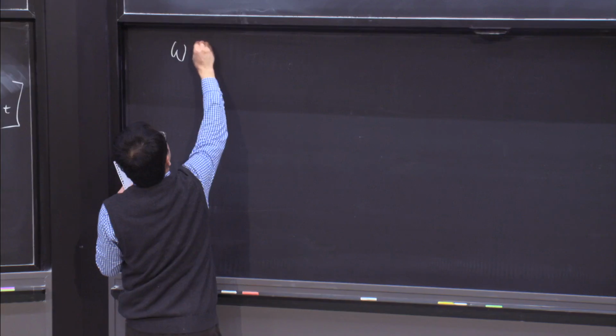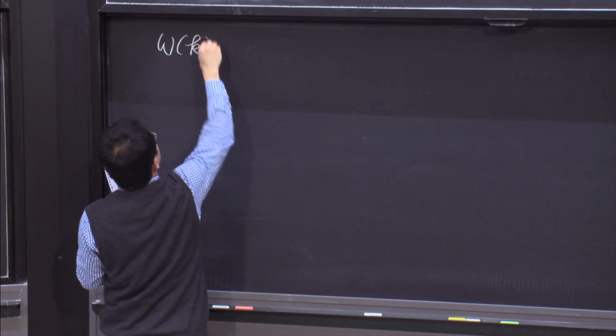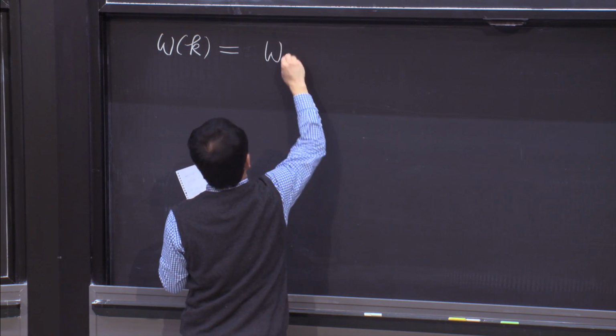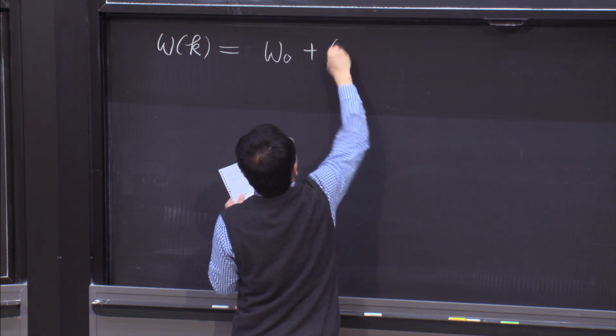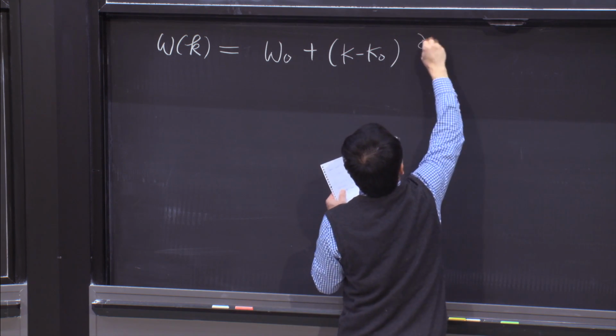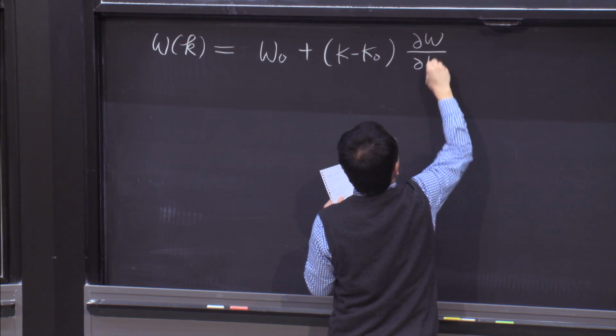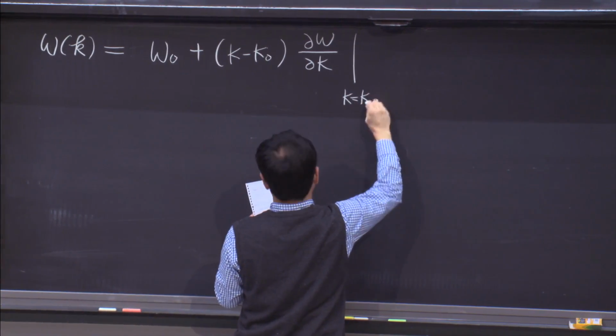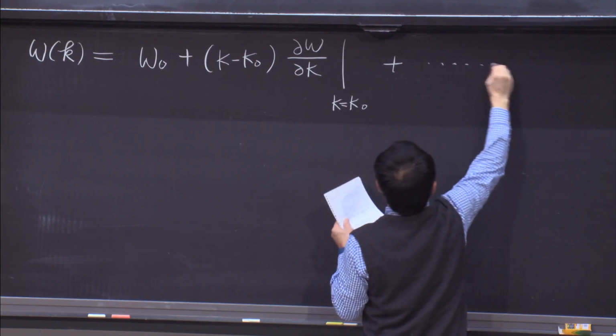Then I can write omega as a function of k, the dispersion relation, equal to omega 0 plus (k minus k0) times partial omega over partial k, evaluated at k equal to k0, plus higher order terms, right?